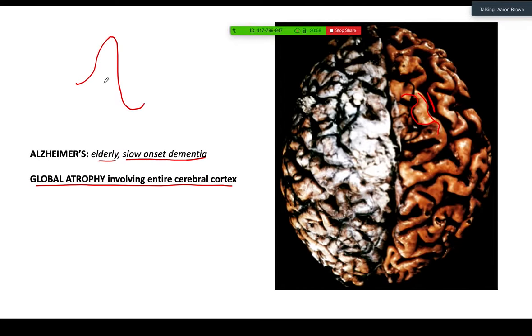And so what we see is shrinking of the gyri. This area gets smaller, and widening of the sulci. This area gets larger. Why? Well, really, it's just because the gyri are becoming thinner. So it makes the sulci look larger in comparison to those, but that's how we describe it. Okay? Great.